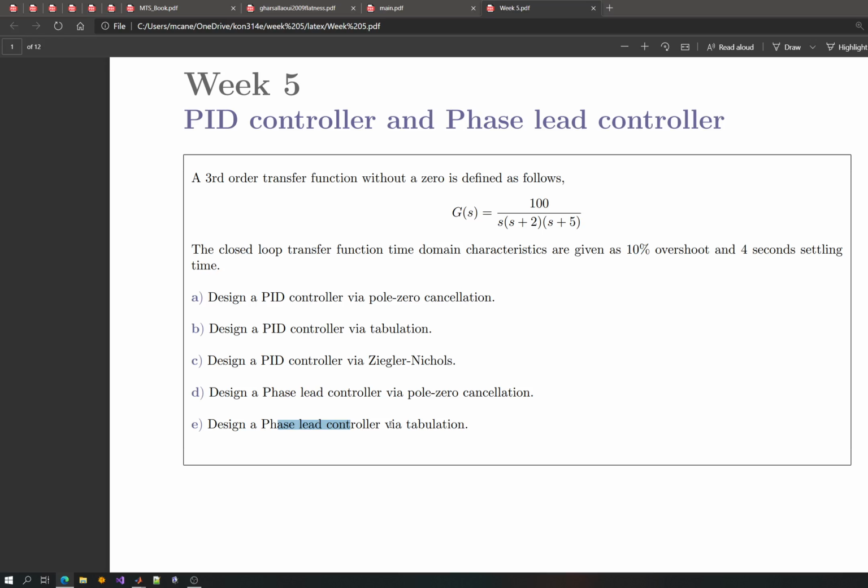But most of the time, PID type controllers are a little bit different than phase lead and phase lag controllers for the fact that we are placing an integrator in the forward path, which is a big deal in terms of reference tracking, in terms of ramp tracking, step tracking, etc., and in terms of disturbance rejection.